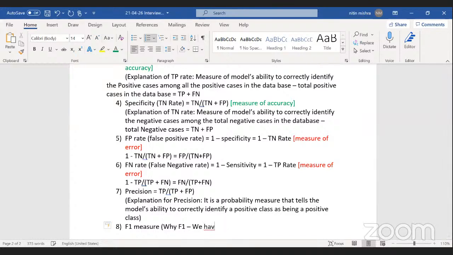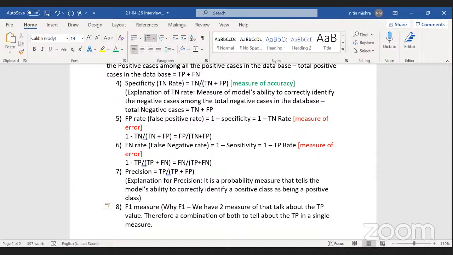We have two measures that talk about the TP value. We have two measures that talk about the TP value. A combination of both in a single measure.